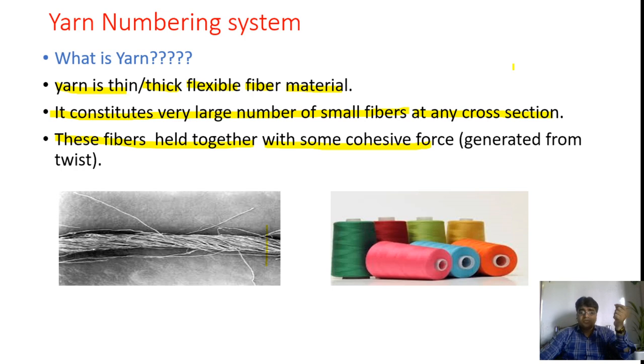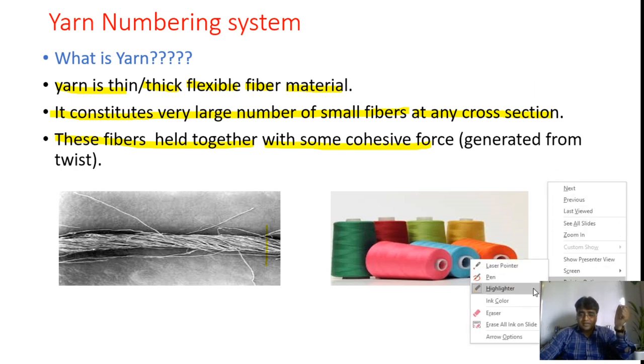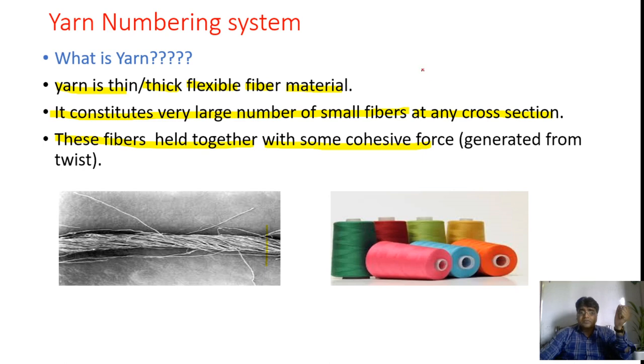Now let me draw a very schematic diagram here. This is one fiber, this is fiber number 1, this is fiber number 2, fiber number 3, fiber number 4. Likewise, this is another fiber which overlaps with the previous one, and another which overlaps with the previous one.